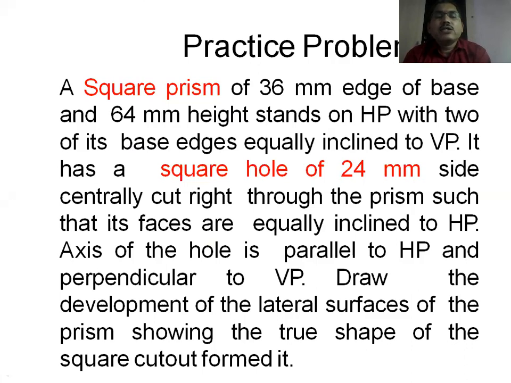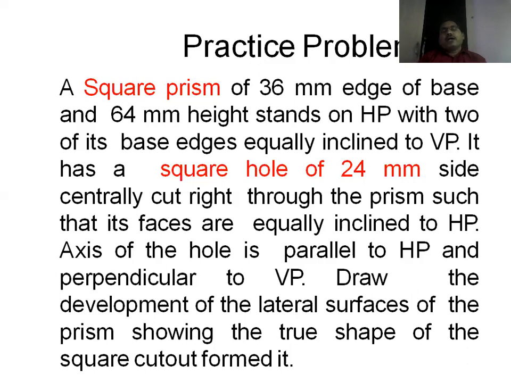It has a square hole of 24 mm side centrally cut through the prism such that its faces are equally inclined to HP. Axis of hole is parallel to HP and perpendicular to VP. Draw the development of lateral surfaces of prism showing the true shape of the square cutout hole. You can say cutout hole.